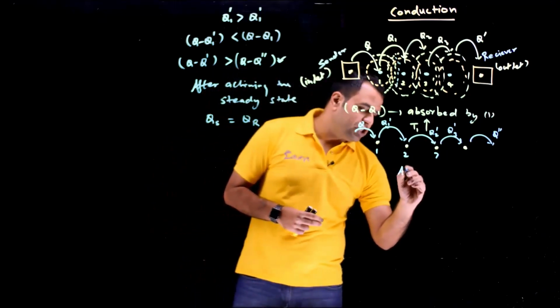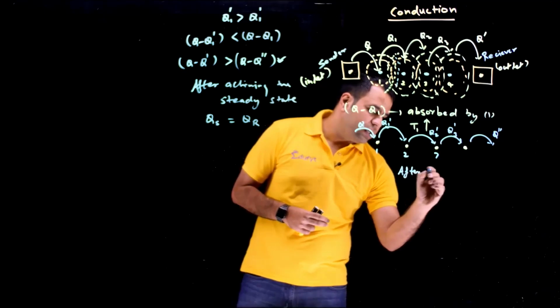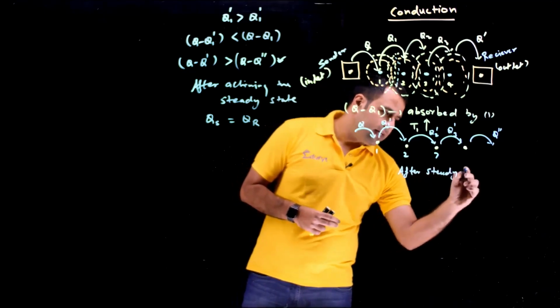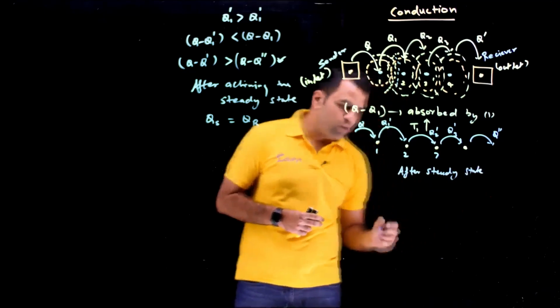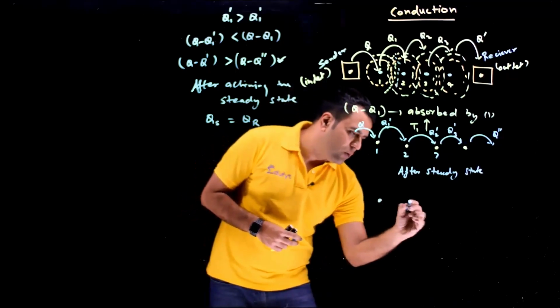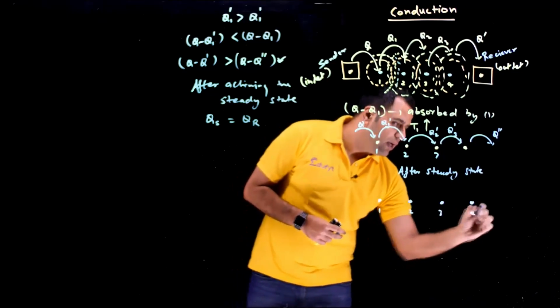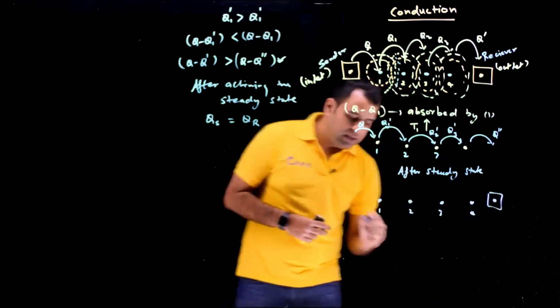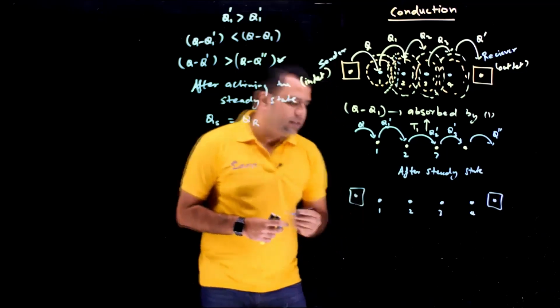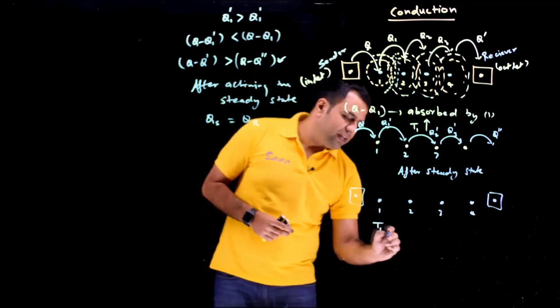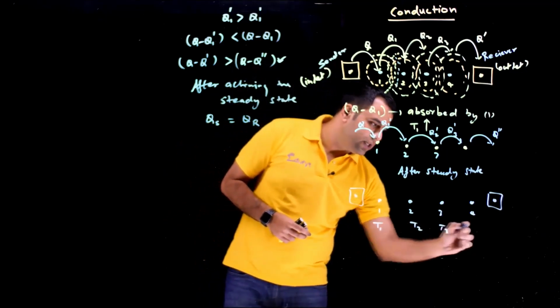So let's make the picture. After steady state, let's see what will happen. So there will be particle 1, particle 2, particle 3 and particle 4, and there will be our receiver and our sender. The particles will have temperatures T1, T2, T3 and T4.